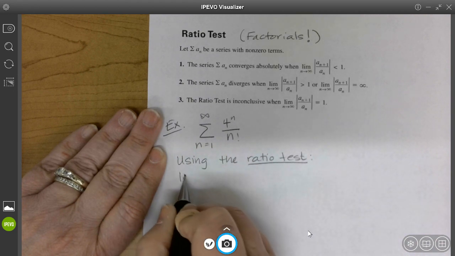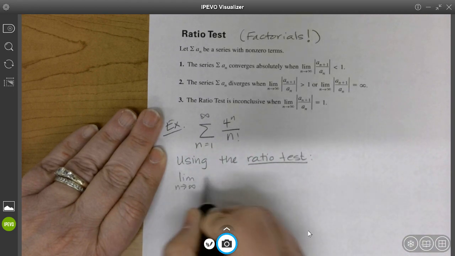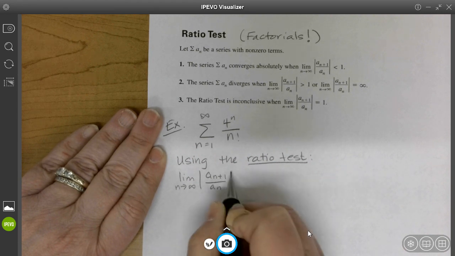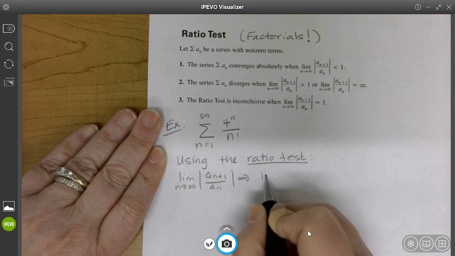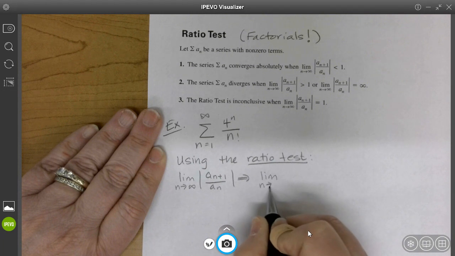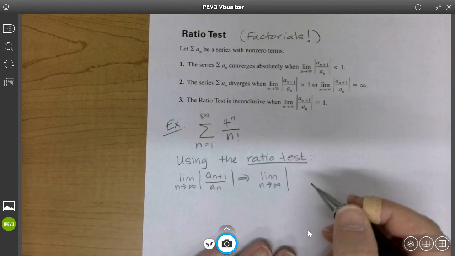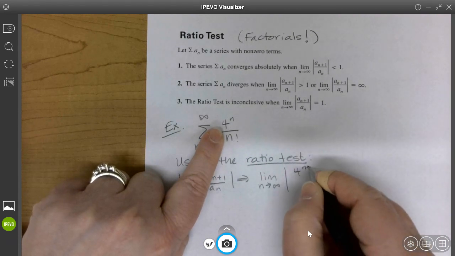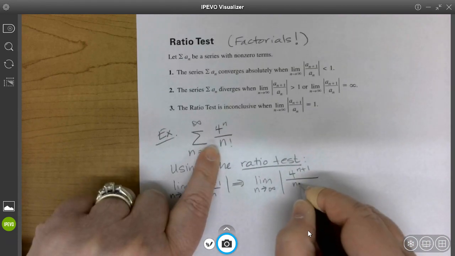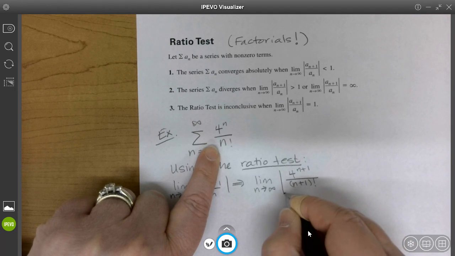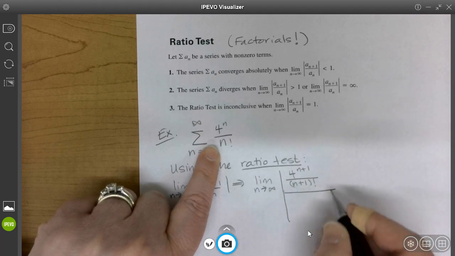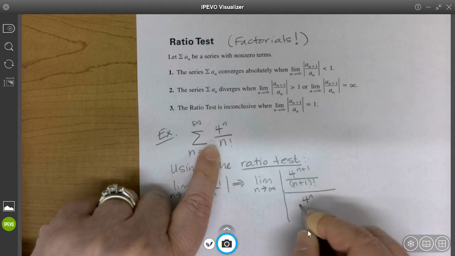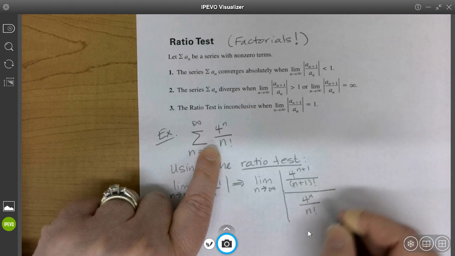That means we're going to take the limit as n goes to infinity of the absolute value of a sub n plus 1 over a sub n. And that just means we're going to put n plus 1 in where we see n, and then create a fraction. All right, so this would be 4 to the n plus 1 over n plus 1 factorial divided by my double-decker fraction, 4 to the n over n factorial.